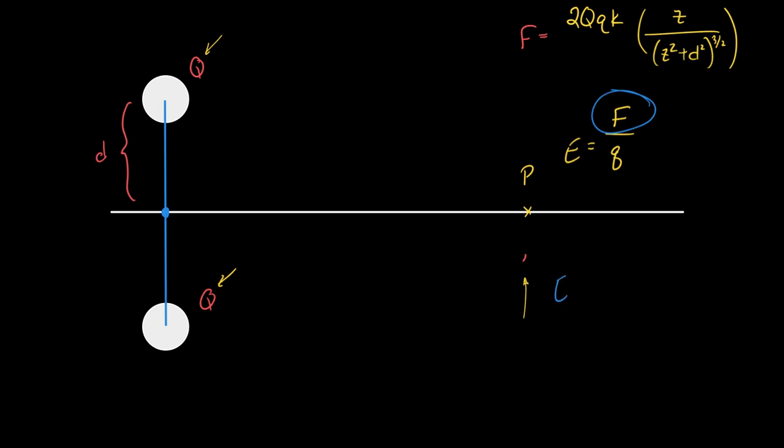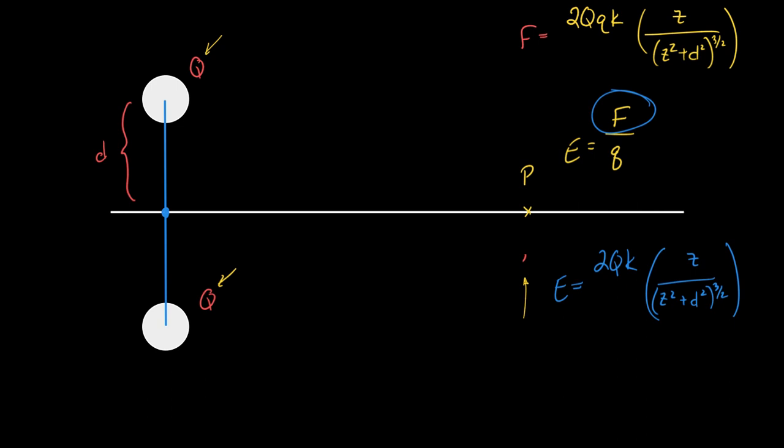So the answer to the question, what is the electric field at point P? Well, I just take all of this and divide by the value of the test charge that was there, which means it's going to be 2qk times z over (z squared plus d squared) to the 3/2 power. This is the size of the electric field at this point in space.